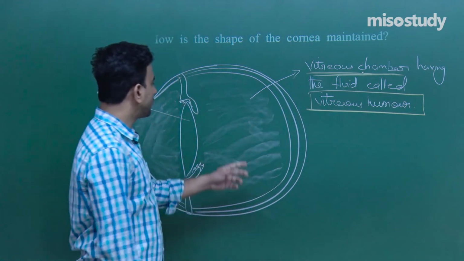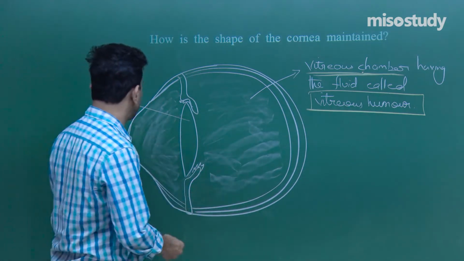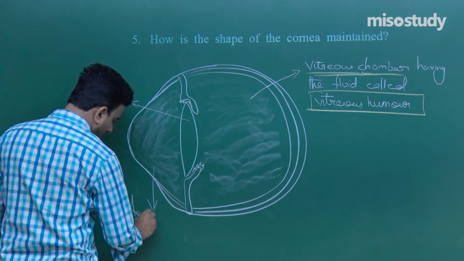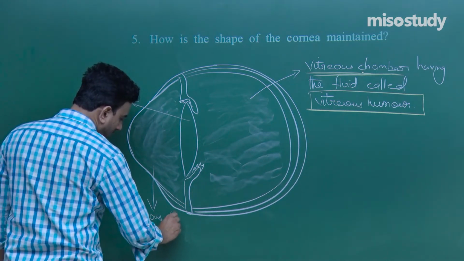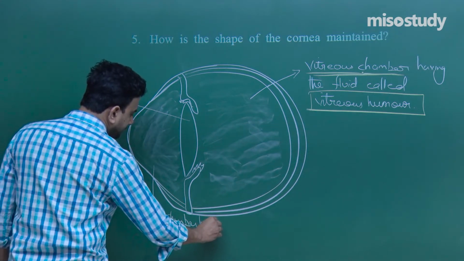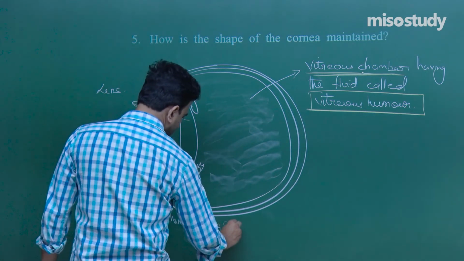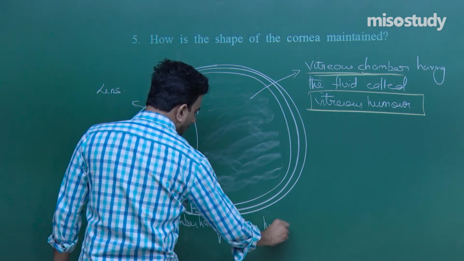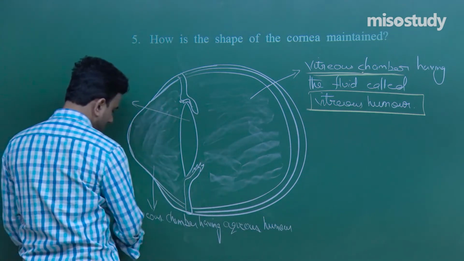Right. So, this is the vitreous chamber having the fluid called the vitreous humor, and this is the aqueous chamber having aqueous humor.